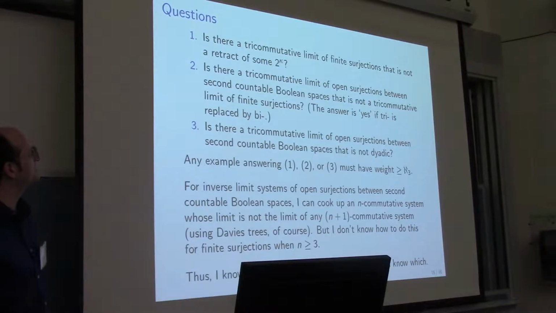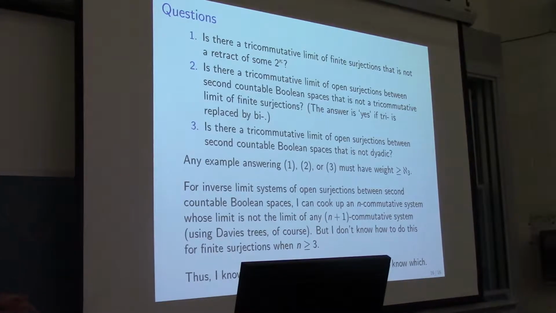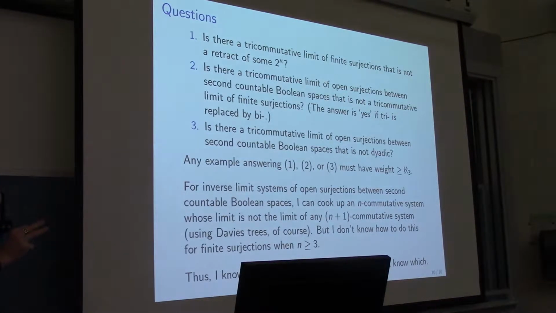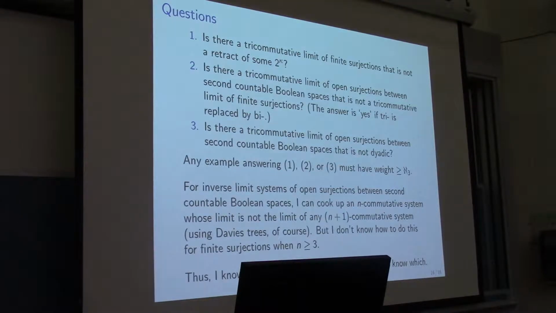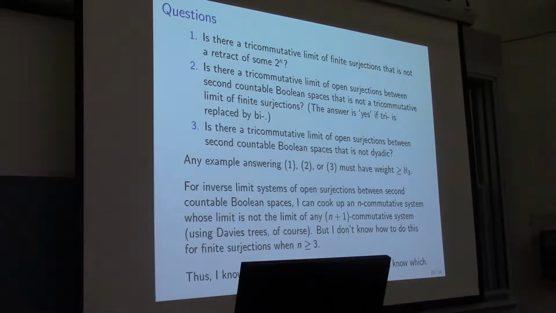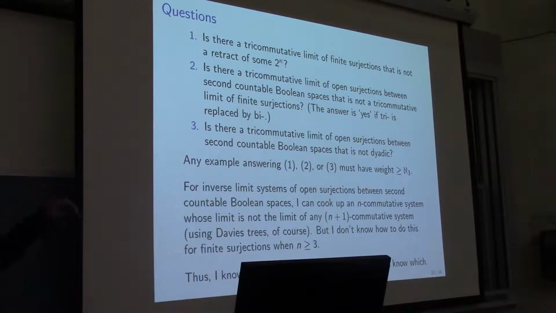And I have some open questions. Can't really tell the difference between 3 commutative and 4 commutative yet. I think they should be different, and I can prove that if we're talking about open maps between second countable spaces.